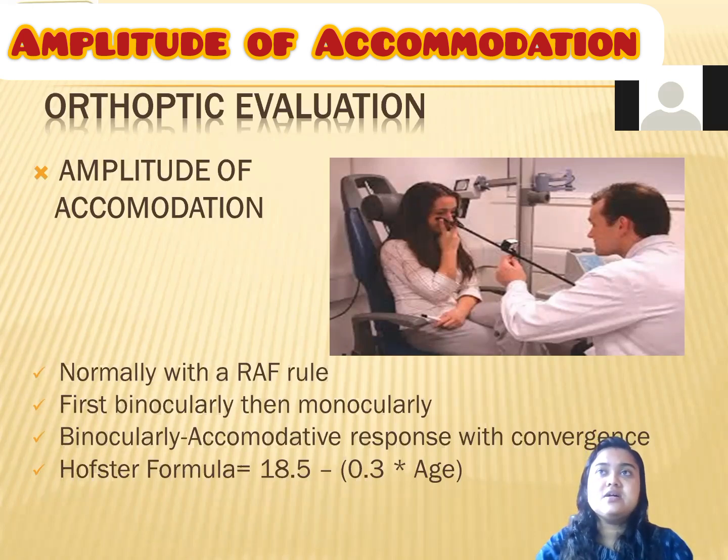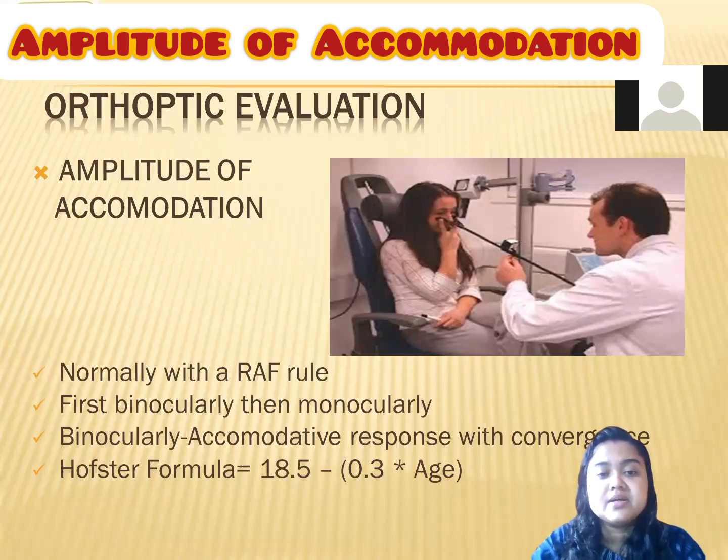So for binocular measurement, suppose you have got 12 diopters; monocularly you can get a lesser amount of amplitude of accommodation, okay? For measurement of amplitude of accommodation, we compare it with Hofstetter's formula, okay? How can you be very sure that it corresponds to the age of the patient?